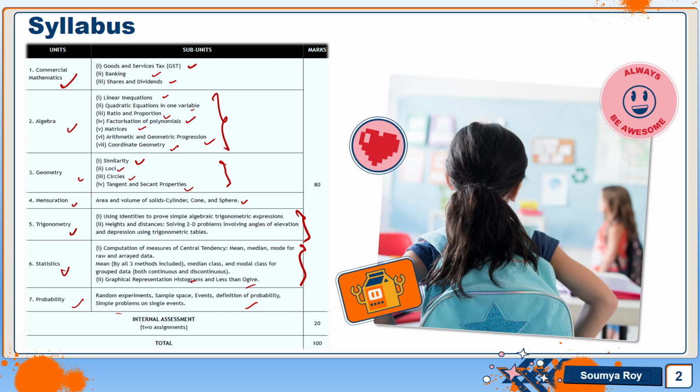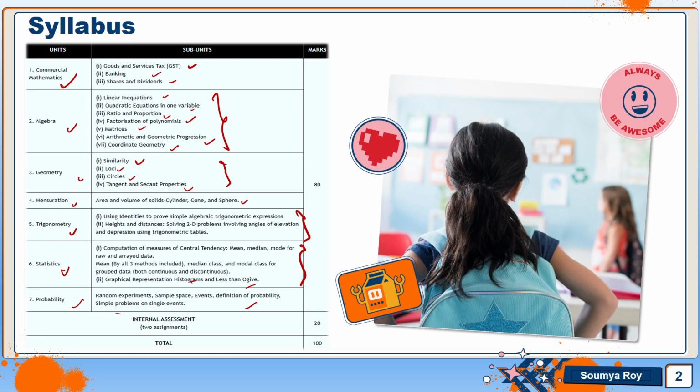Apart from that, your schools give you assignments. It depends on the type of school whether they give one assignment or two. Generally they give two assignments in many schools, as I am associated with 2 or 3 schools, ICSE ones only, for the past 8 or 9 years I guess, or more than that.